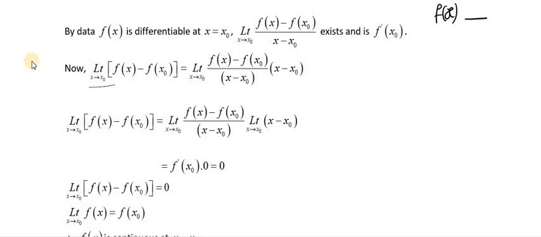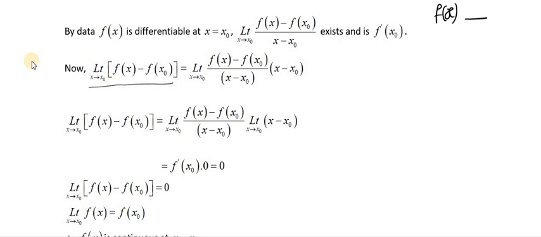Now I am going to find the value of the limit as x tends to x naught of f of x minus f of x naught. So in the RHS, we are multiplying and dividing by x minus x naught. Observe, if we cancel these two terms, then we get this one only. That means the value does not change, only the form of the RHS is changed.